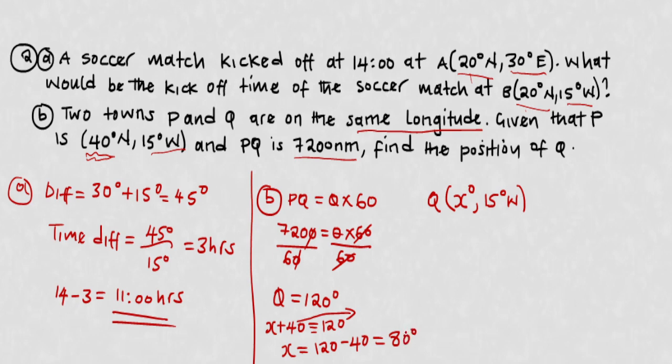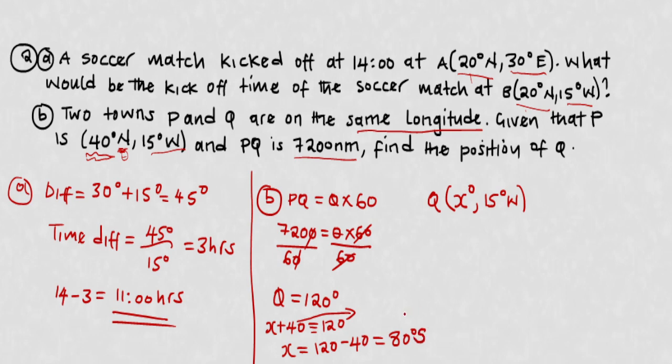So now, this is 80 degrees what? In order for us to add these two, they should be on different latitudes. There are only two latitudes, north and south. If 40 is on north, then 80 automatically will be on south.